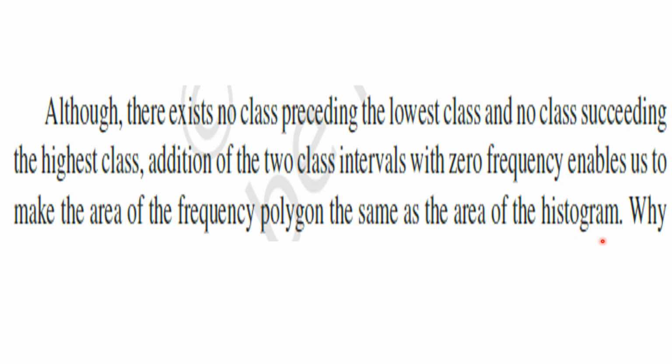We have to assume two class intervals with 0 frequency, one before the first class interval and one after the last class interval. This enables us to get the area of the frequency polygon equal to the area of the histogram. Okay, my children, understood this point?